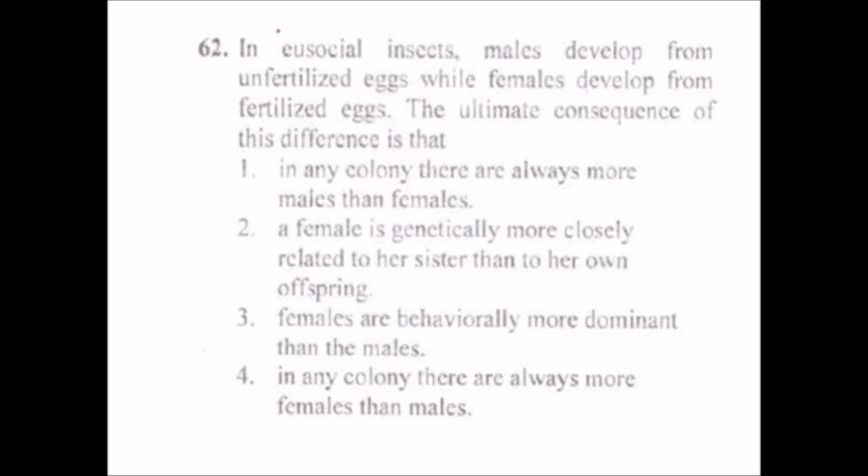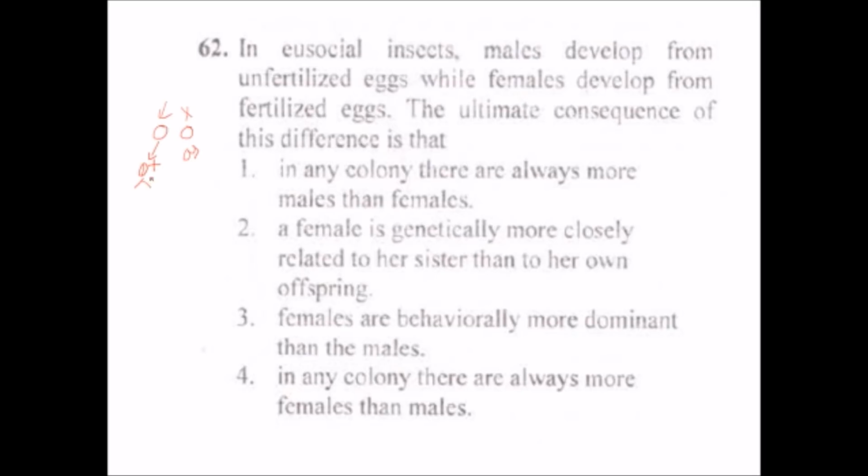Next question is, in eusocial insects, males develop from unfertilized eggs while females develop from fertilized eggs. The ultimate consequence of this difference is what? If there are two eggs and one is fertilized and the other is not fertilized, then what will happen? One will develop into female and the other will develop into male. So definitely it may be possible that their offspring can be male or female.